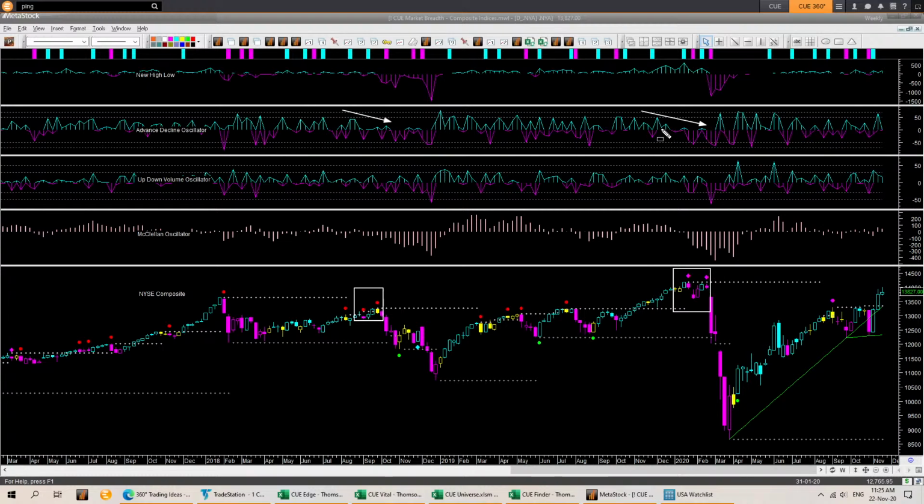In fact, not only divergence, the advanced decline started becoming negative in the late December, even before the price actually dropped. So if you looked at advanced decline, that gave a telltale signal, and that is expected.